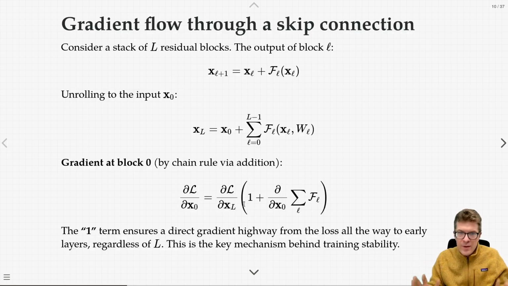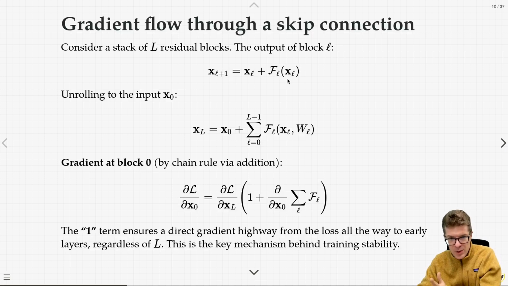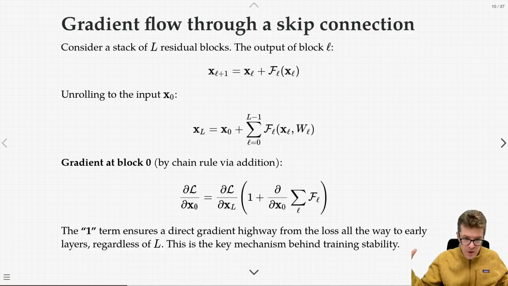But you can see what we're doing. Even with this residual connection that we've added, we know what the inputs of every block is going to be. We can unroll the whole neural network now. And we know that we're going to have to take the derivative of the loss with regards to the input at some point to push the gradients back. We talked about this at great length before.